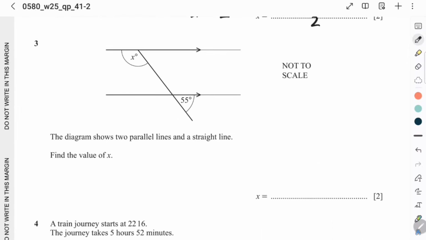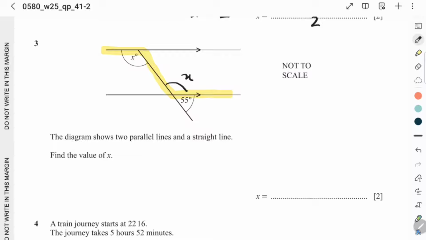Question number 3. You can see the parallel lines and a transversal line. So we'll check the alternate, corresponding or interior angles. You can do it in many ways. For example, if this is x here, we can have x also there, and x and 55 are on the same straight line.